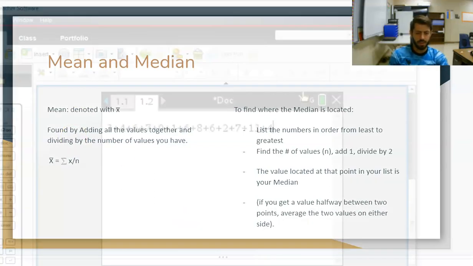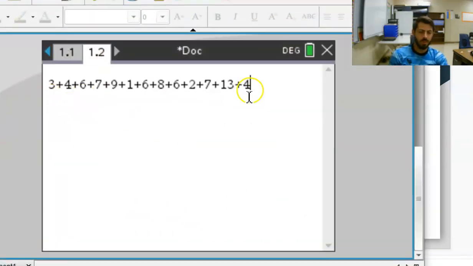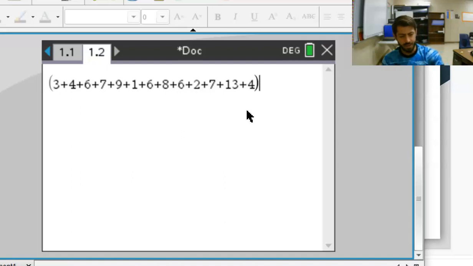So maybe here's a list, right? So maybe throughout the course of a really long shift, or maybe two shifts together, I have 13 measurements of how many times somebody ordered a large drink, right? 3, 4, 6, 7, 9, 1, 6, 8, and 4. If I wanted to know the average number of people who ordered a large drink, what I would do is add all of these values together and divide by how many different measurements I took.